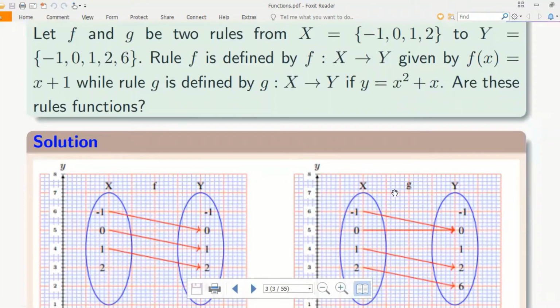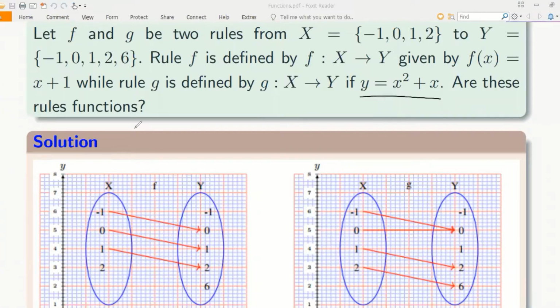Now let's look at g. We want to see whether g is a function. What's the definition of g? We are told that g is defined by y equals x squared plus x.